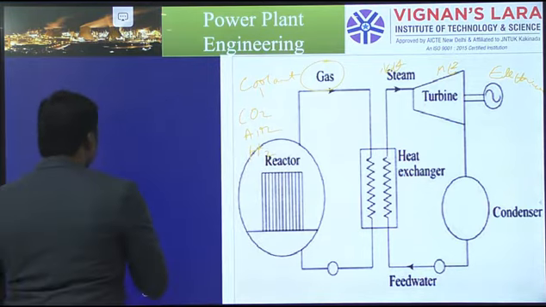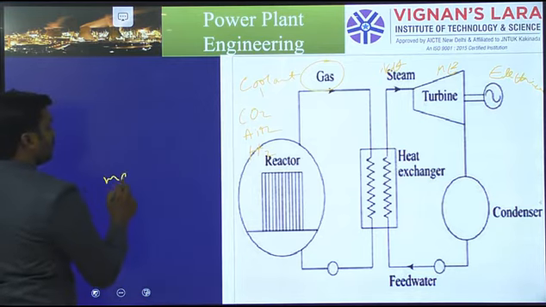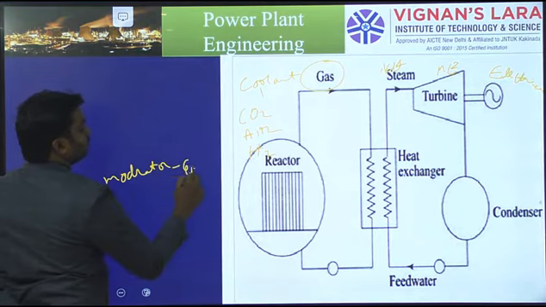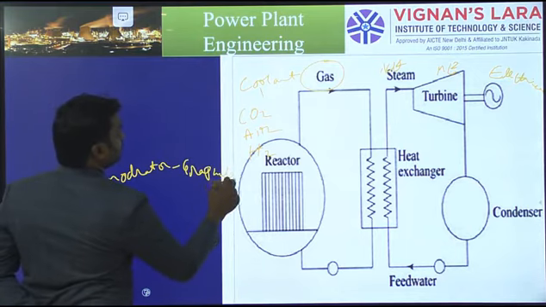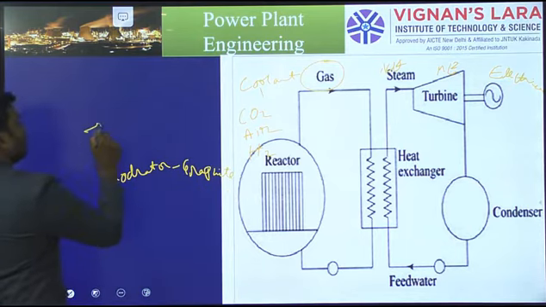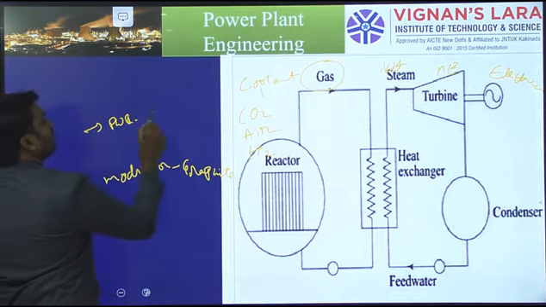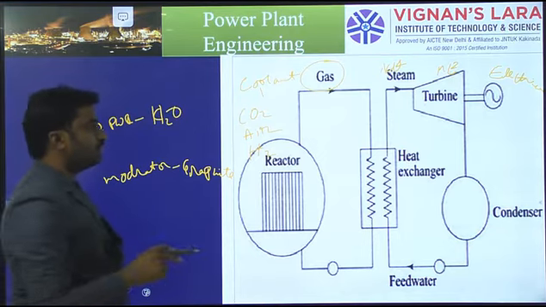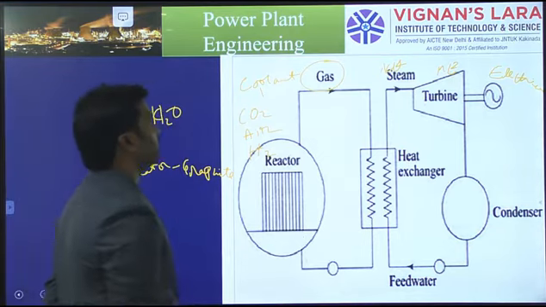The moderator in a gas-cooled reactor is graphite. That is the variation here. Otherwise everything is common, and in a PWR the moderator is water only. So the functioning is the same for all.